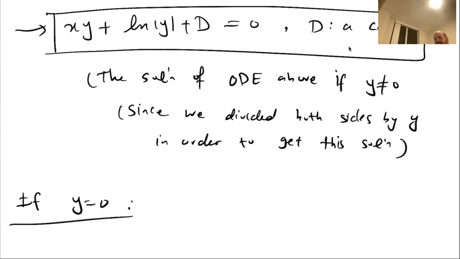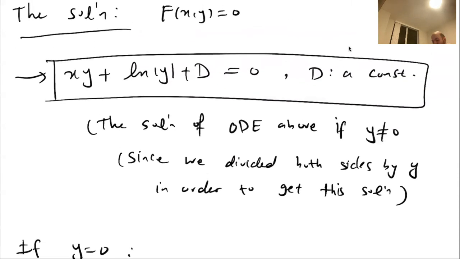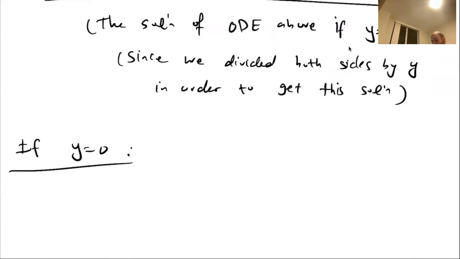If it is satisfied, that means y equals 0 is a solution, which in that case would mean that we have to add it into the set of solutions, because we already found a set of solutions. d is an arbitrary constant here, so it's an infinite set of solutions right now. But if y equals 0 is a solution, we have to add this to the previous set and introduce it as a part of solutions of this ODE.